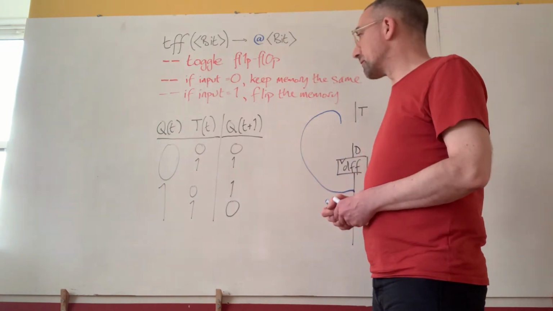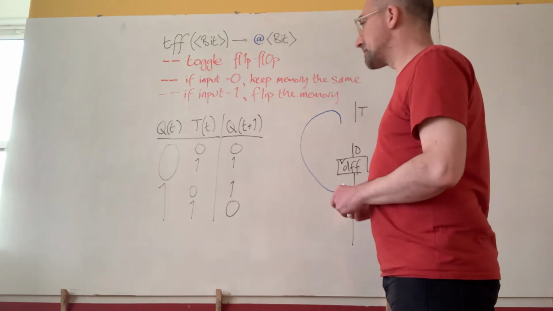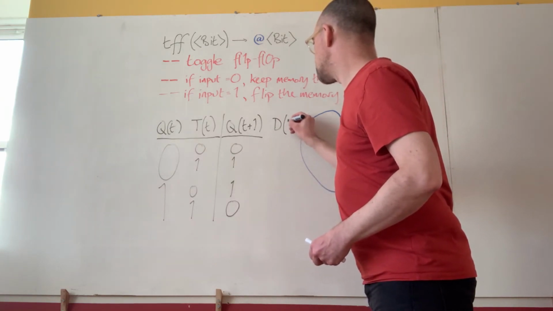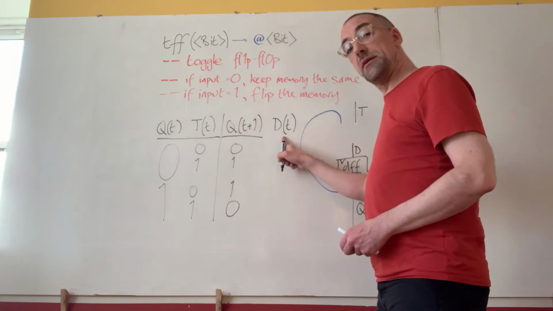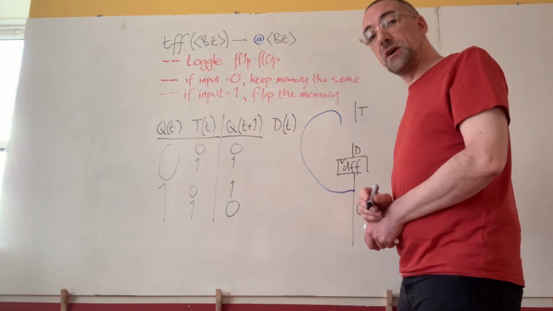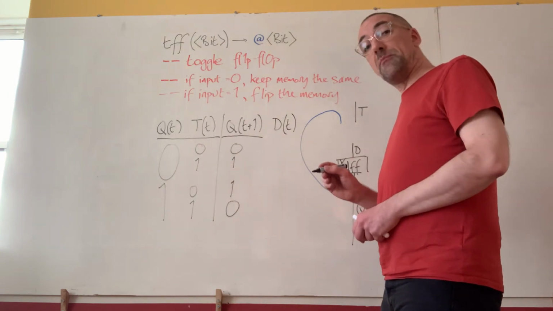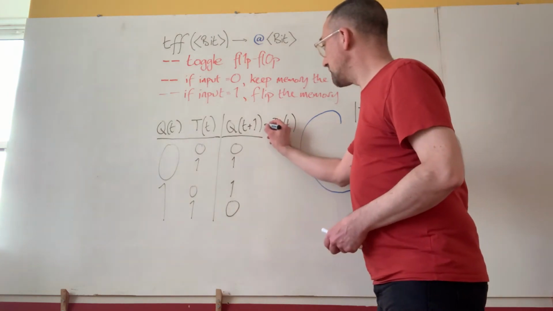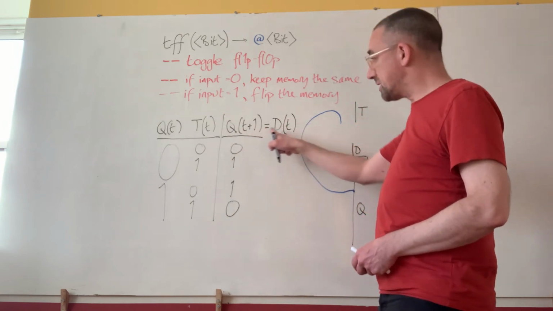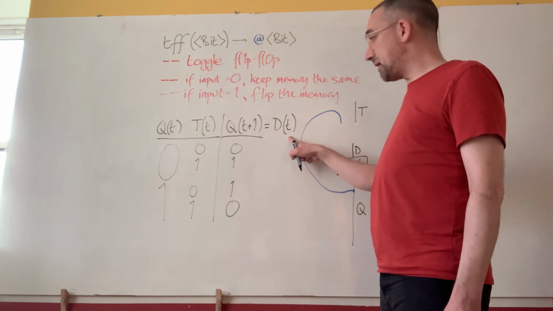Now we have to figure out the appropriate D signal to send in at time t to get the behavior that we want. But fortunately for us, the D flip-flop obeys a very simple equation. What comes out at time t plus 1 is what goes in at time t.